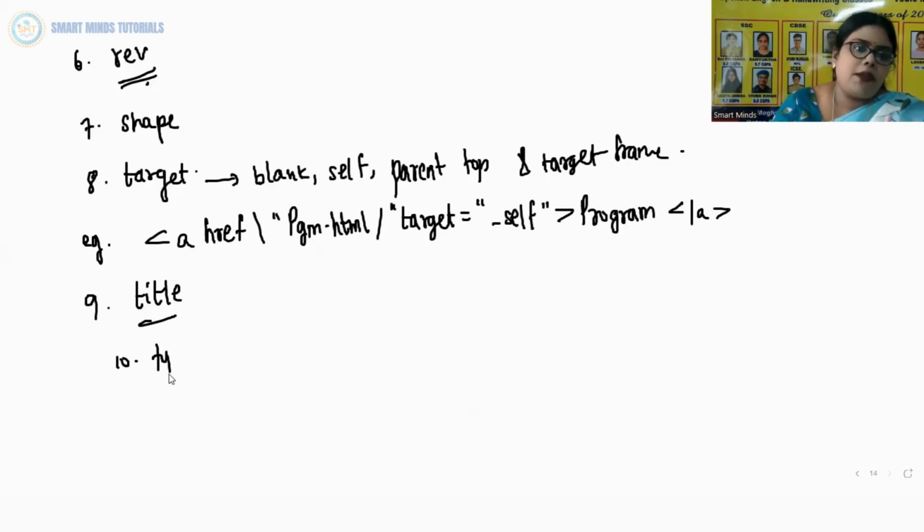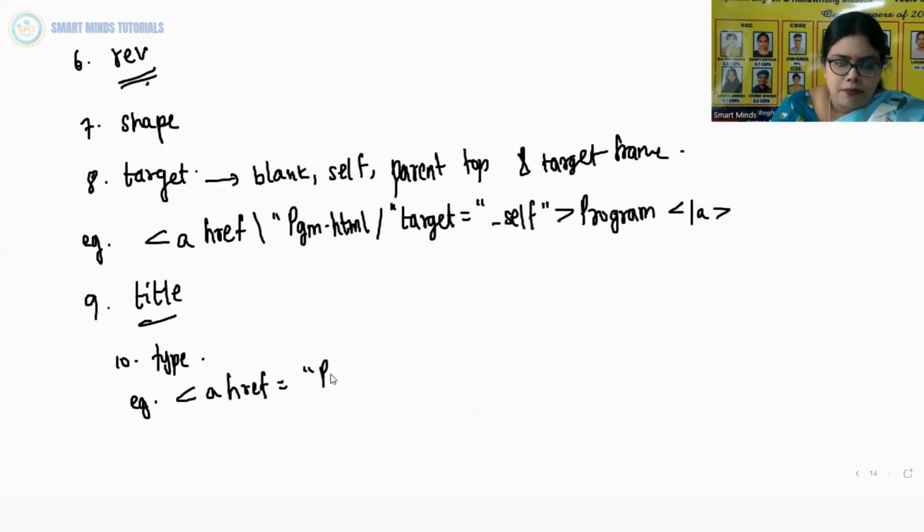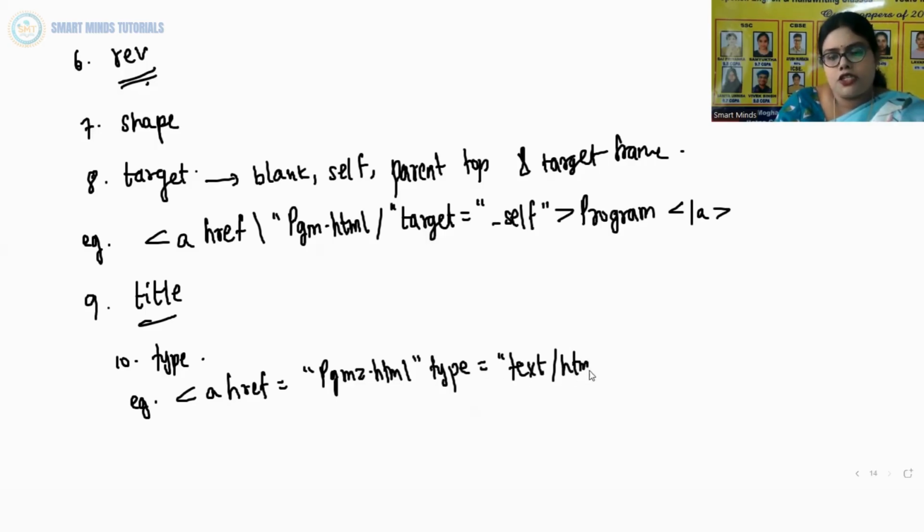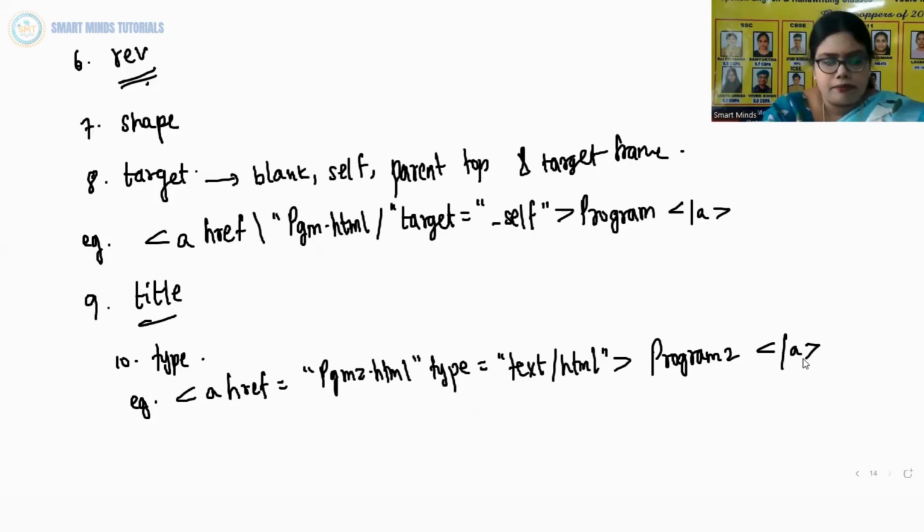Then number 10 is the type attribute. This is used to specify the MIME type of a link. The MIME types are compared with file extensions. For example, tag A href equals pgm2.html, quotations close, type equals quotations open text slash html, then program 2, then you close the A tag.